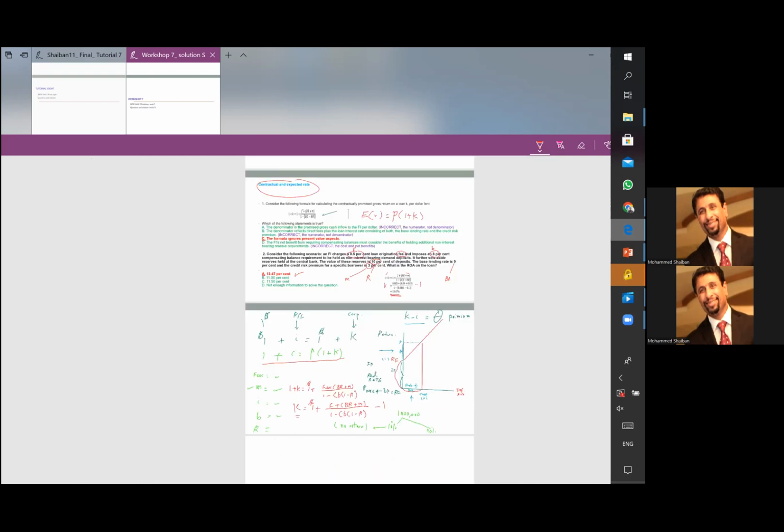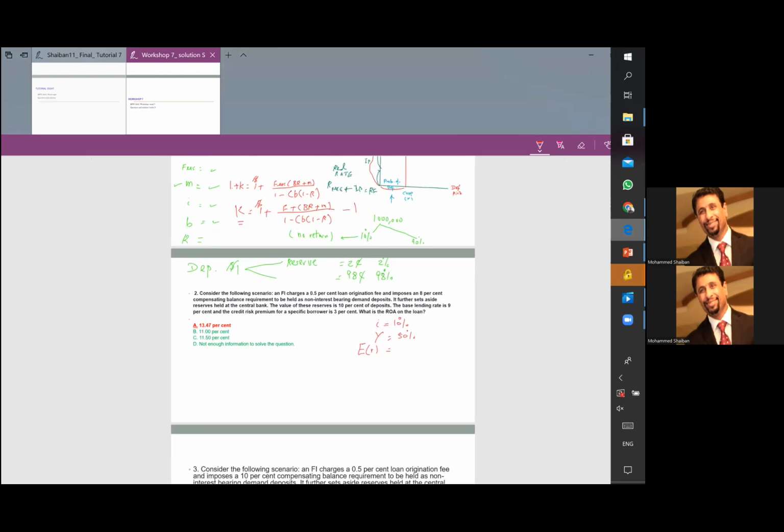Now, as you can see, if I give you all this information, the issue becomes complicated, because now the expected return is the probability of payment times 1 plus K, the K which I already calculated, 3.47. But I'm telling you also that we have a collateral, and this collateral will be used only if you don't pay.